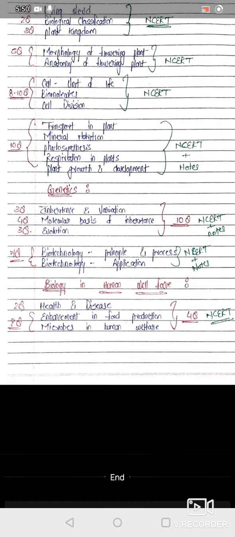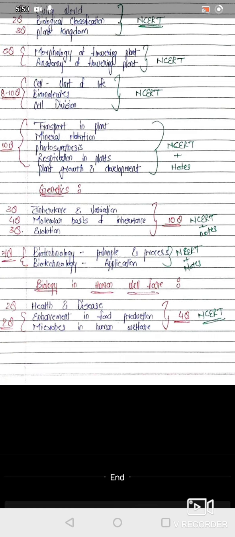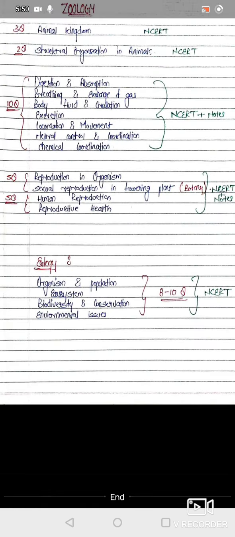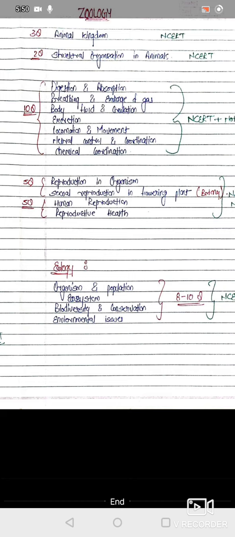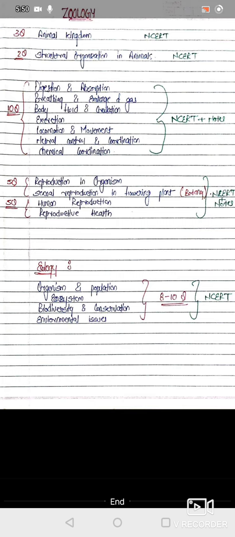Now if you see biology and human welfare, it gives you 4 questions approximately, and it consists of health and disease, enhancement and microbes, and it is purely from NCERT. You don't have to refer anything other than this. Now if you move forward, there is reproduction in organism, sexual reproduction in flowering plants, human reproduction, reproductive health. 4 chapters, 10 questions, best deal.